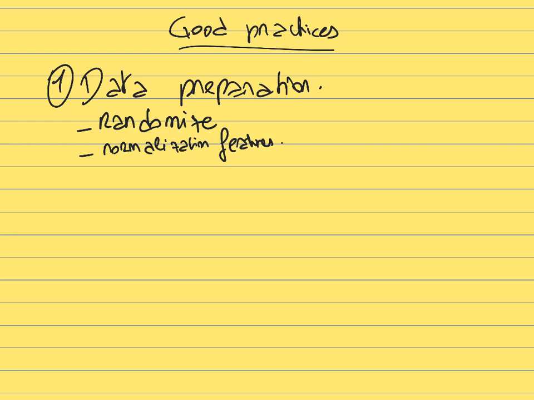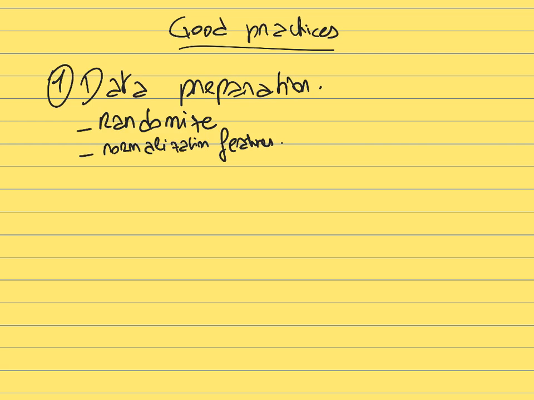But it's not because a feature changes a lot, or is larger than another one, that it's more important. Because it also depends on the unit. For example, if you decided to express the surface of the house in square kilometers, then the surface would always be a very, very small number. So the value of the features depends on the unit that you choose, which is not a good thing.